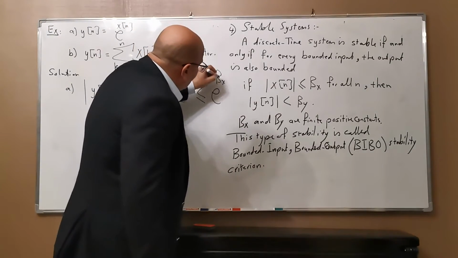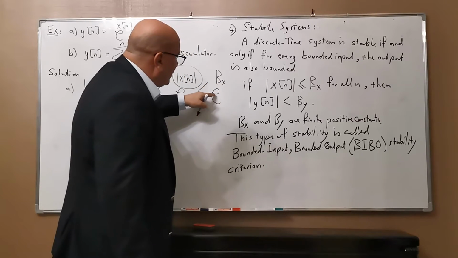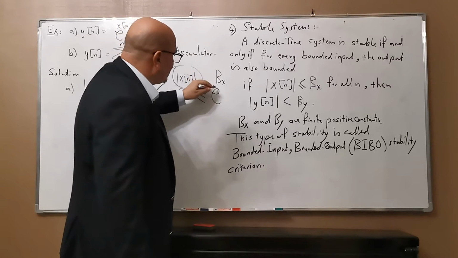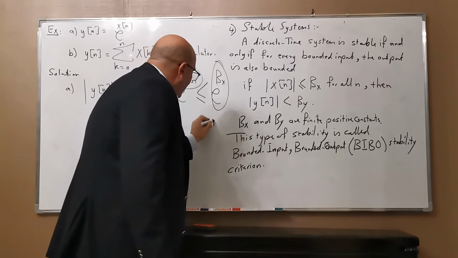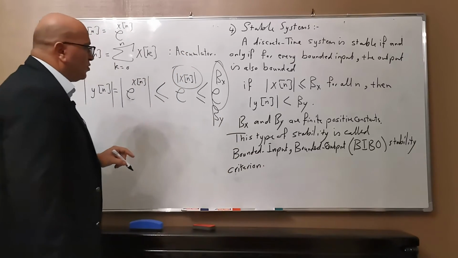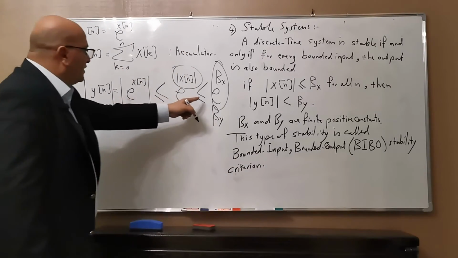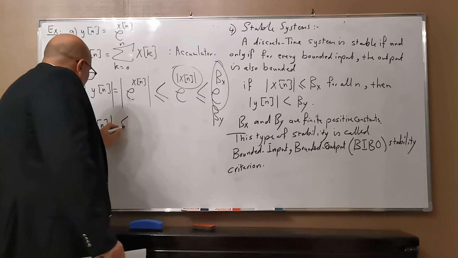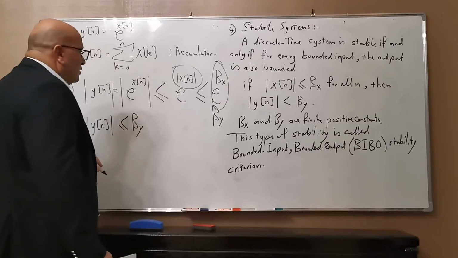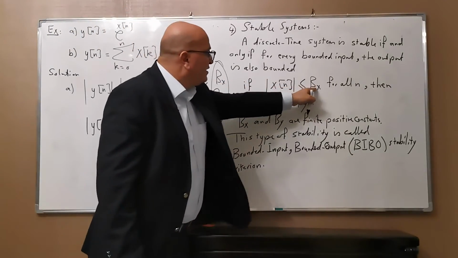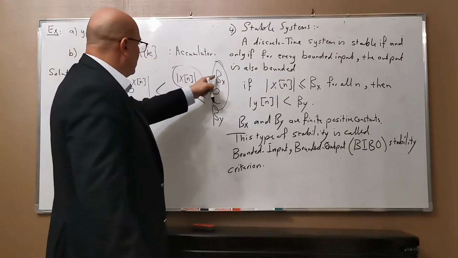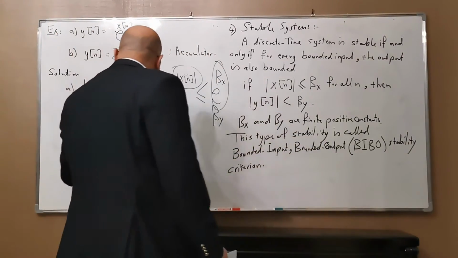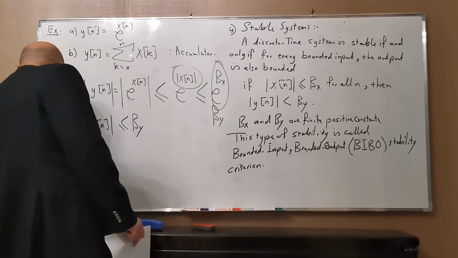Now, e to the power beta x is a constant value. I'm going to call it beta y. So my beta y is definitely greater than this. So if we guarantee that this one is okay, then this one is also okay. So the system is BIBO stable.